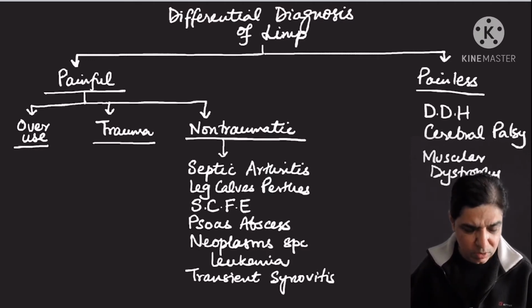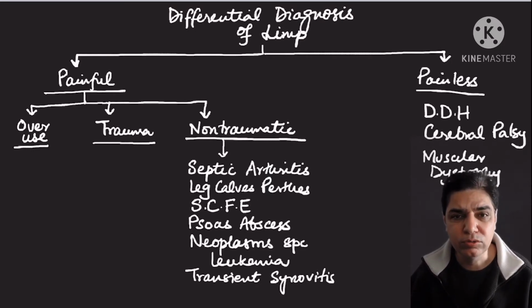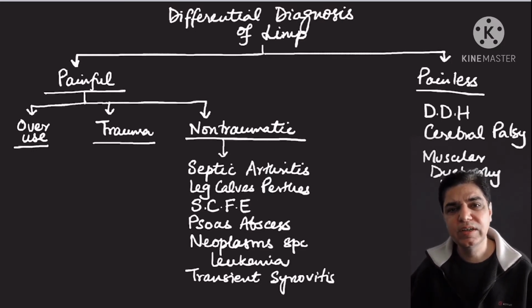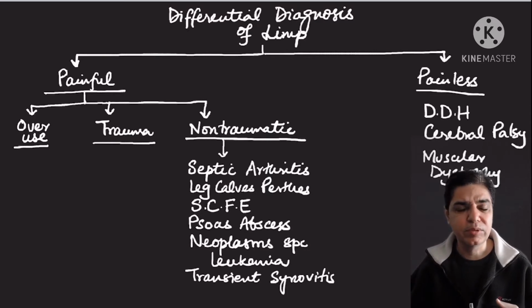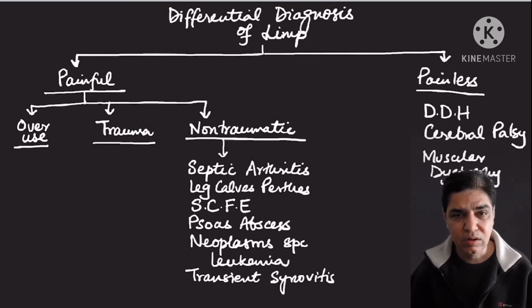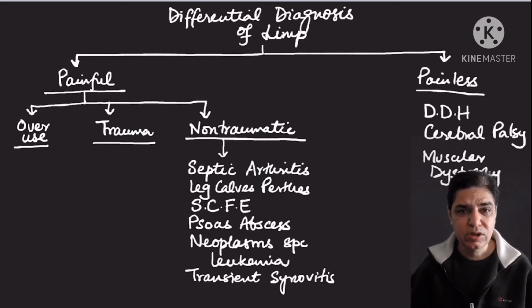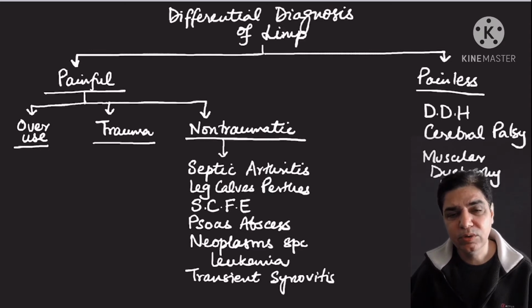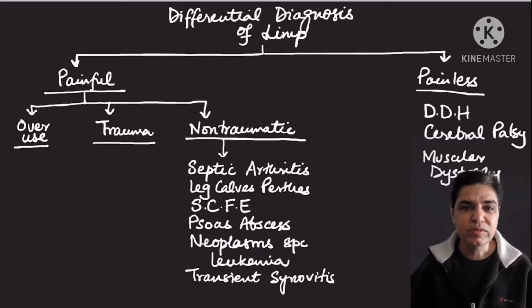Sometimes trauma is not the cause. It's usually overuse. These are kids who are either playing regular football, or who are into regular athletics, or who are doing regular sports without any rest. Because they are using their lower limbs again and again, some of the ligaments can get stretched, and we call it overuse.